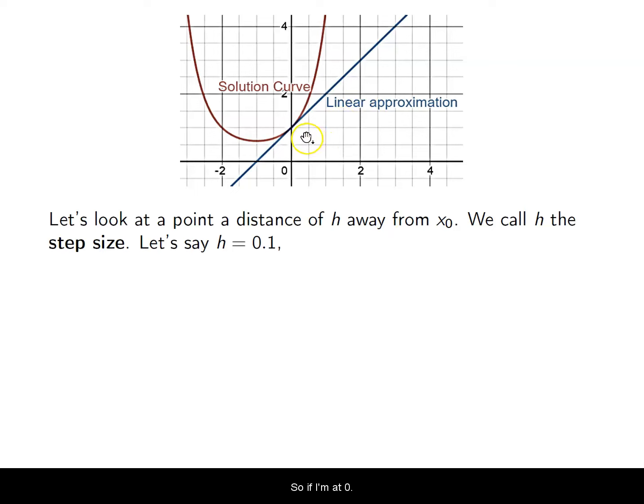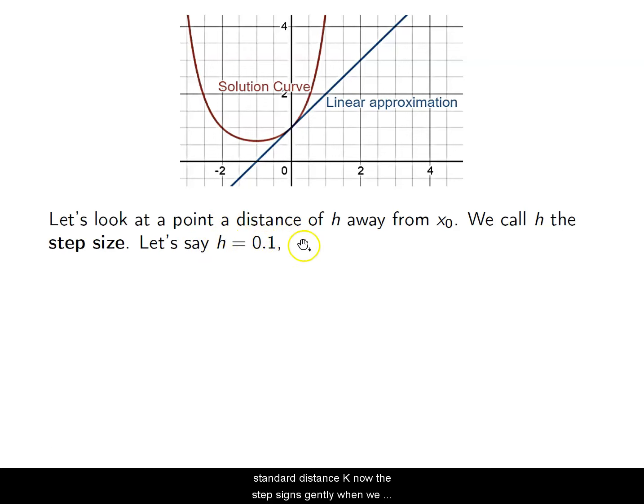So if I'm at 0, I'm going to look at what is happening at 0.1. After I look at what's happening at 0.1, I'll move another 0.1 away, and I'll look at what's happening at 0.2. Then I'll look at 0.3, then 0.4, then 0.5, etc. I'm always going to use this as a standard distance, okay?